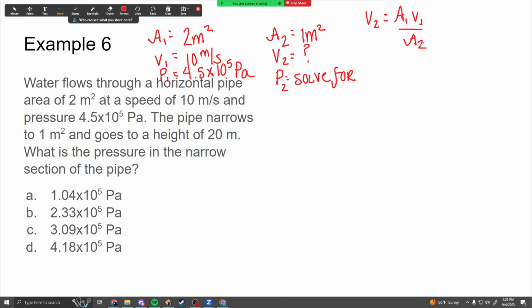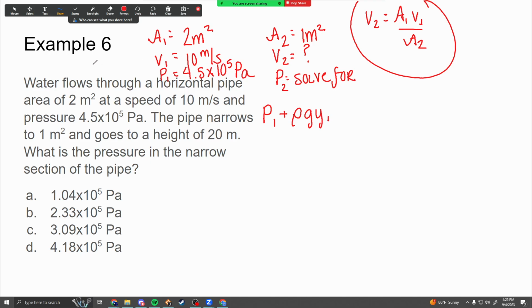Okay. So whether you want to plug this in now or not, I'm not going to, just in case you didn't have numbers with this. I want you to see it with the algebra rather than with just a bunch of numbers. So I'm going to leave V2 as this. It will look messier, but bear with me. So my Bernoulli's equation: P1 plus rho g y1.